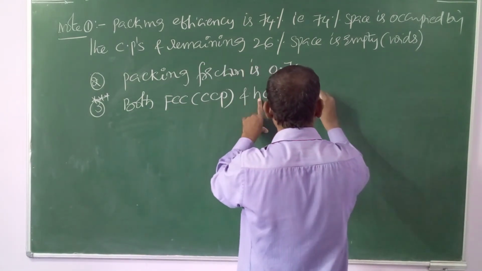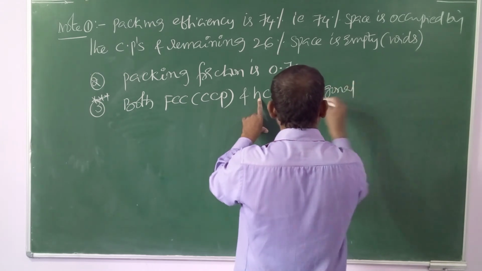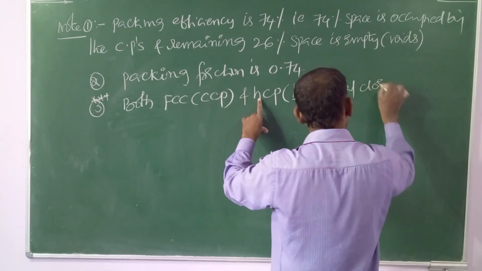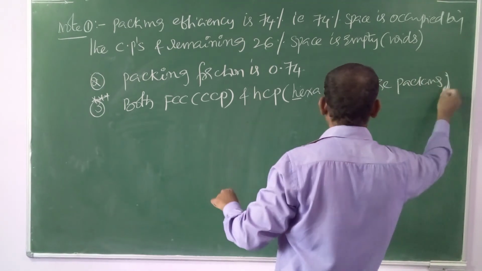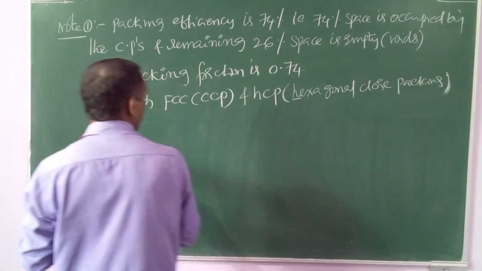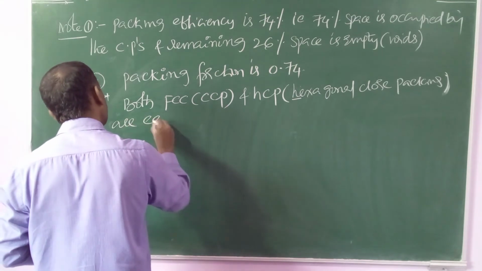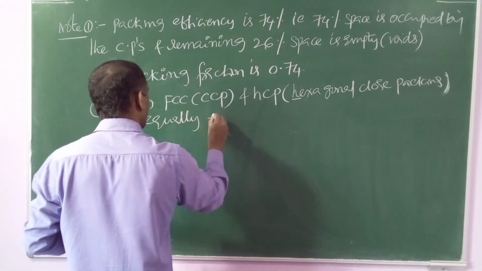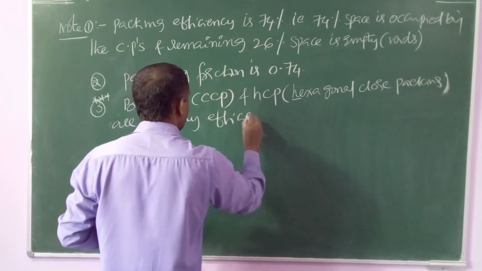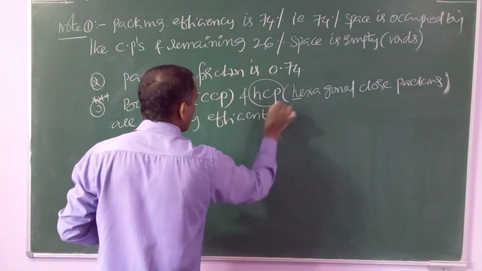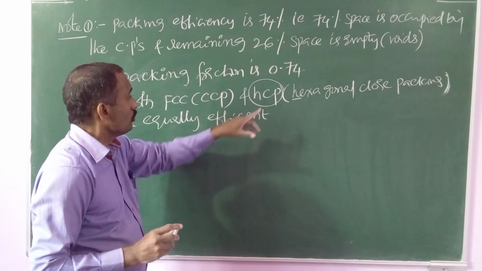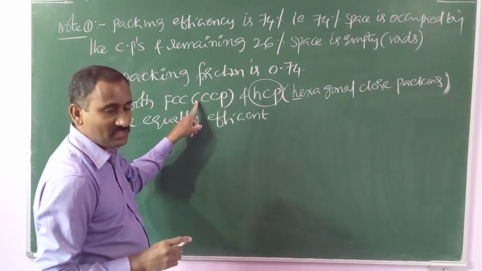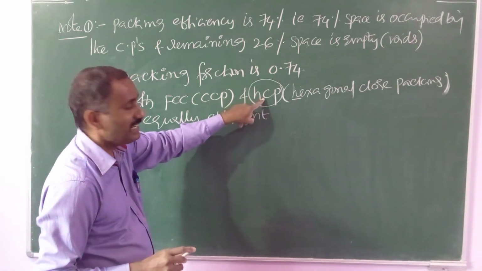HCP full form: in the last class we taught hexagonal close packing. Both FCC and HCP are equally efficient. Anyhow in our syllabus, HCP packing efficiency is not included. So for FCC what efficiency is there? The same efficiency for HCP.